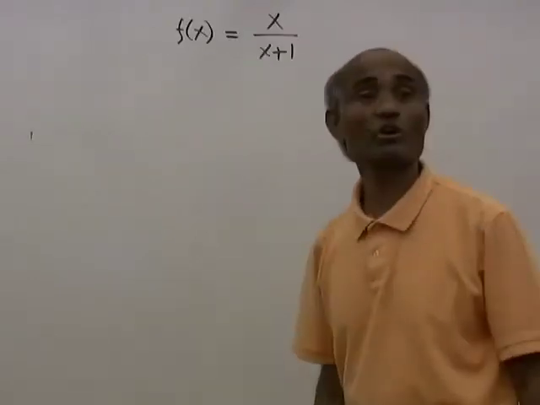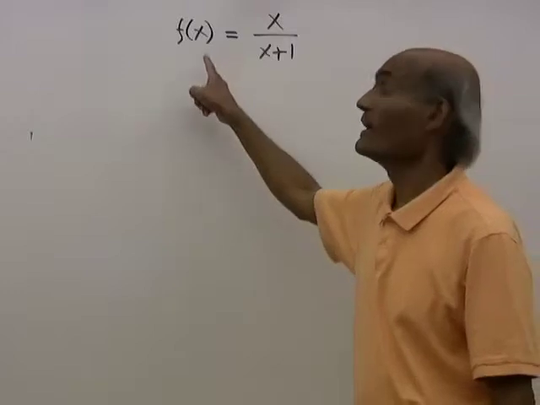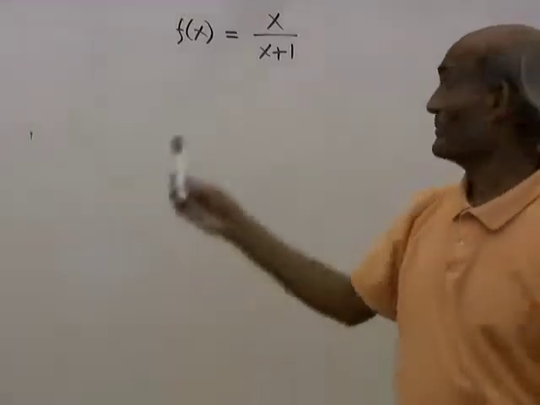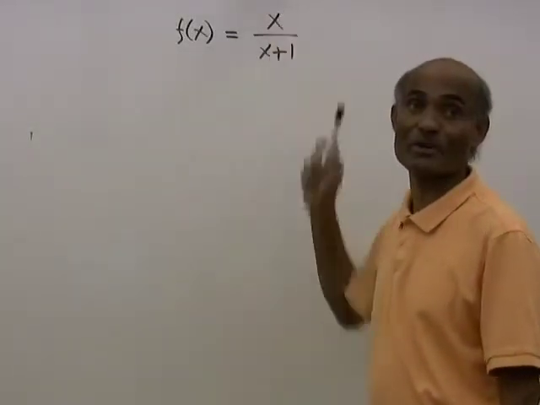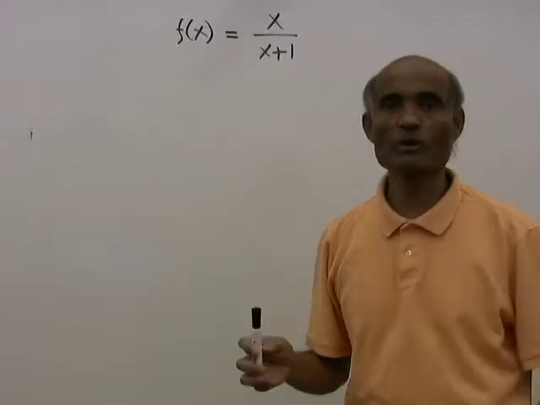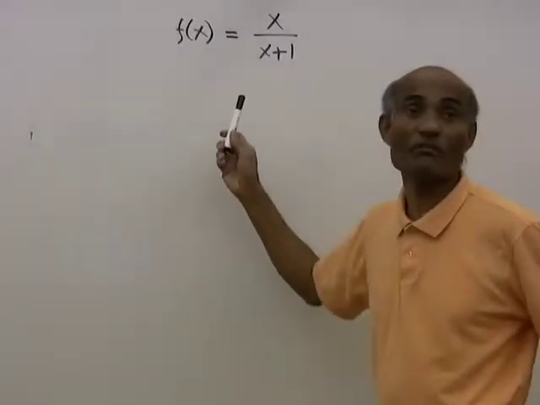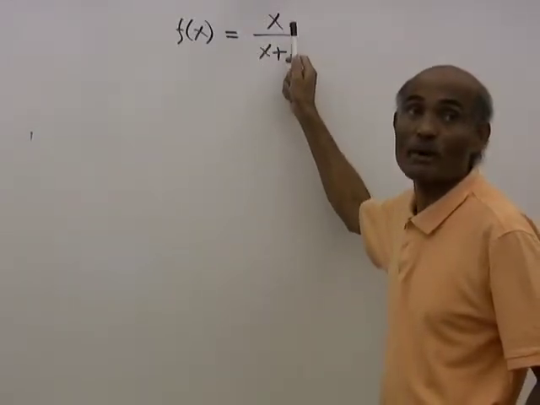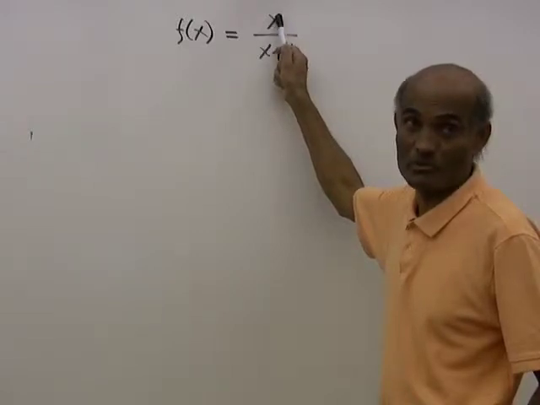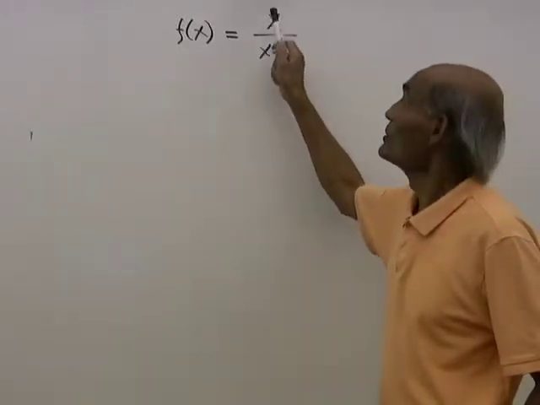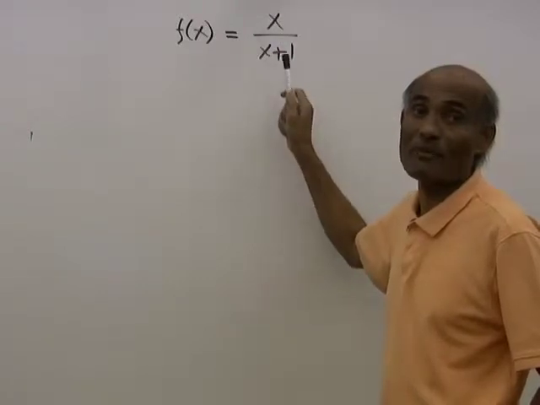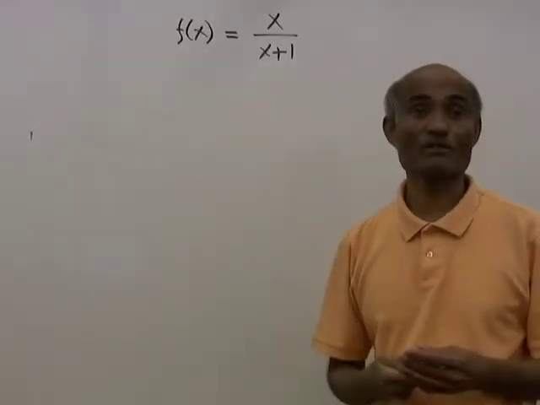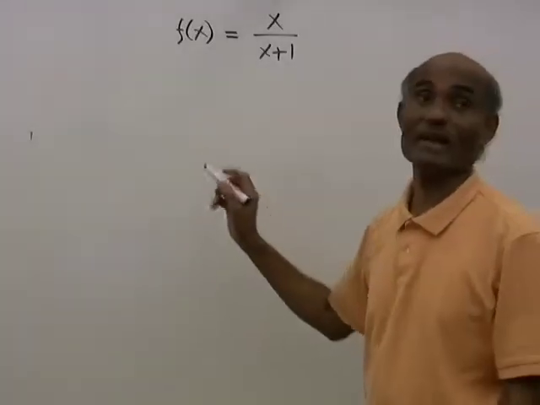Let's now use the quotient rule to find the derivative of f of x equal to x over x plus 1. Well, the denominator, the numerator. All right, let's talk over the rule one more time. What is the derivative of a quotient like this? It is the denominator multiplied by the derivative of the numerator minus the numerator multiplied by the derivative of the denominator, all over the square of the denominator. Let's write that down.